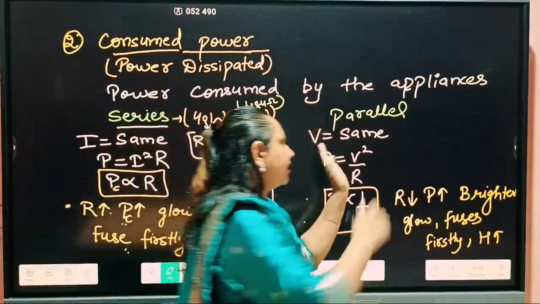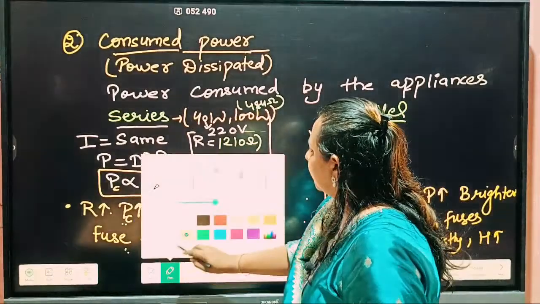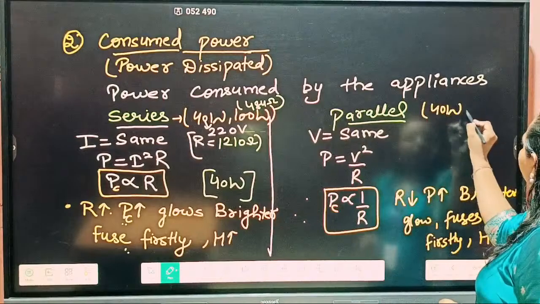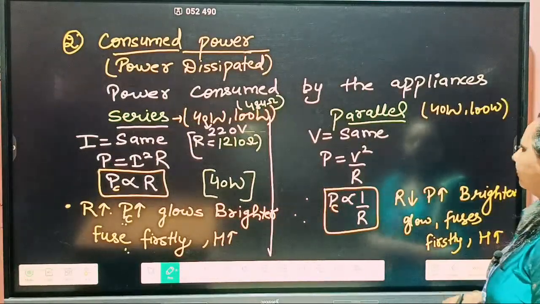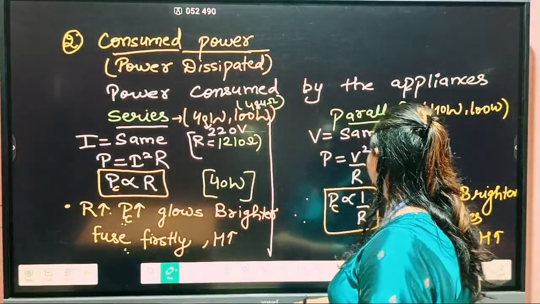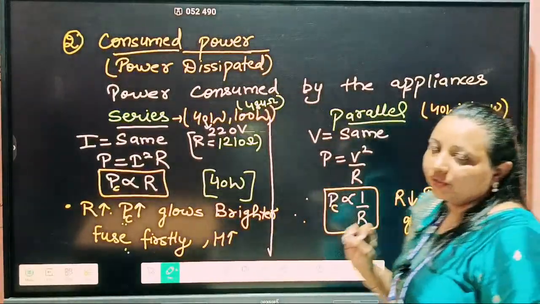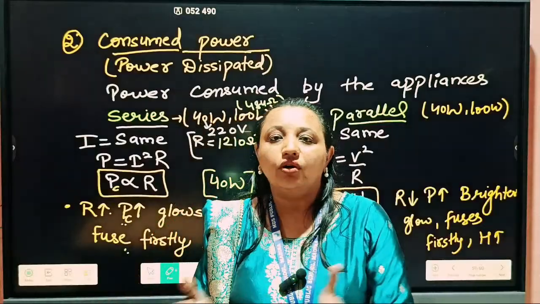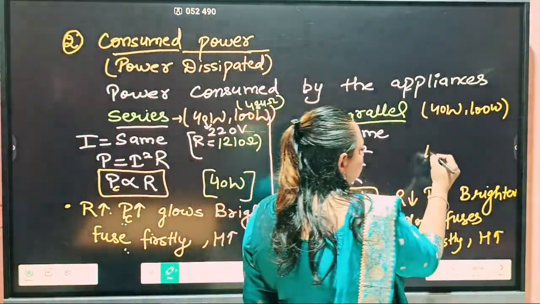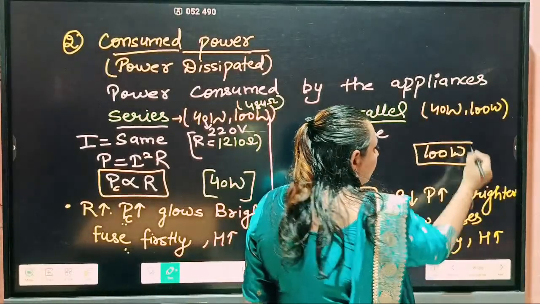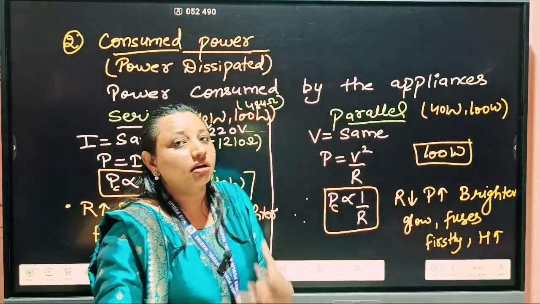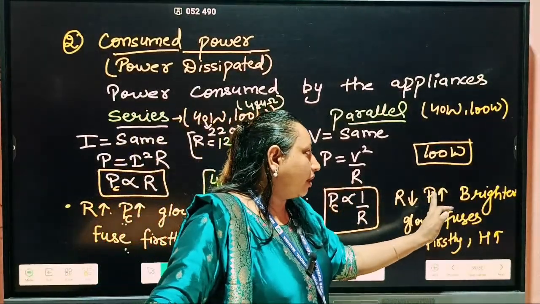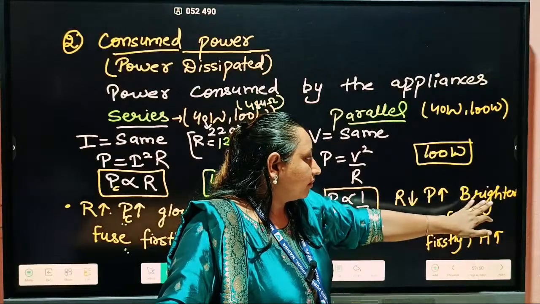But when the same bulbs, 40 watt and 100 watt, are connected in parallel combination with the 220 volt power supply, the electrical appliance which has less resistance, that is the 100 watt one, has greater power. So the 100 watt bulb produces a greater amount of power.